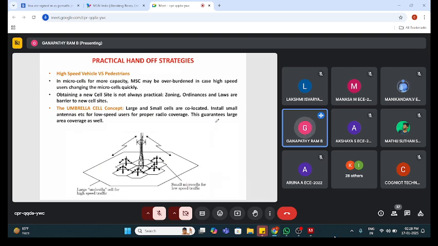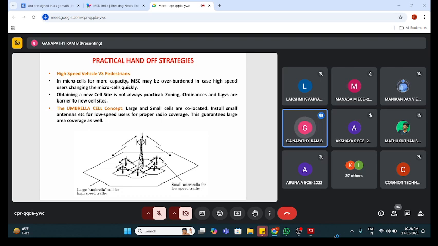So let us discuss the practical handoff strategies. There are different mobile equipment attaining mobility at different speeds. For example, pedestrians walking along a road may move at a speed of 3 kilometers per hour to 10 kilometers per hour, and high-speed vehicles like bikes may move at a maximum velocity of 60 to 80 kilometers per hour.